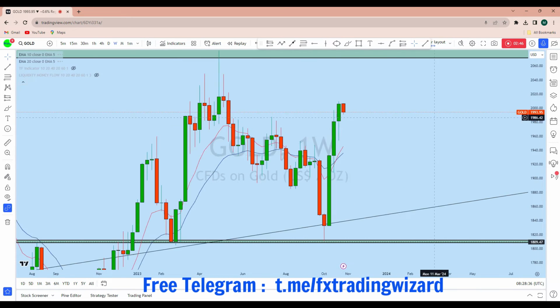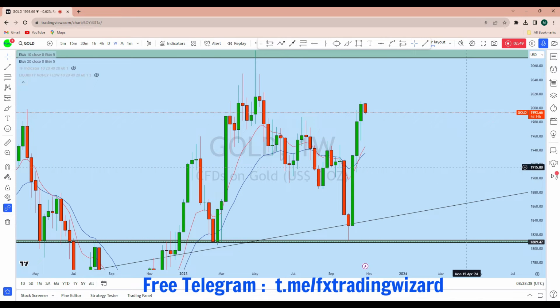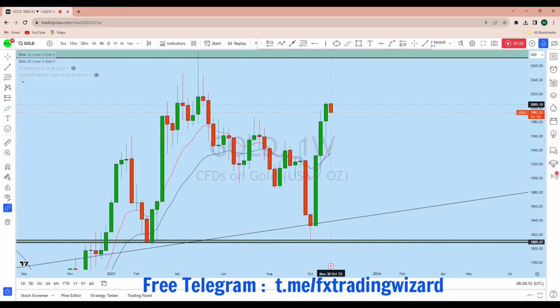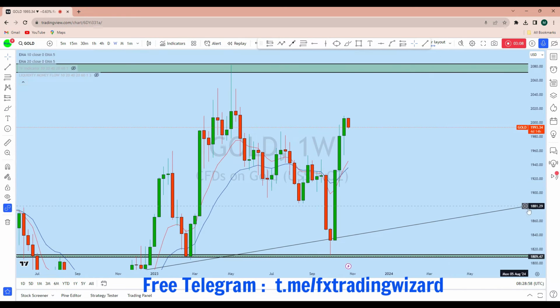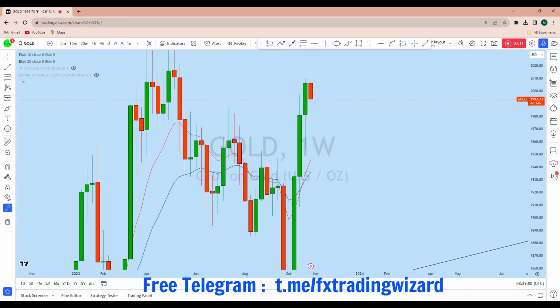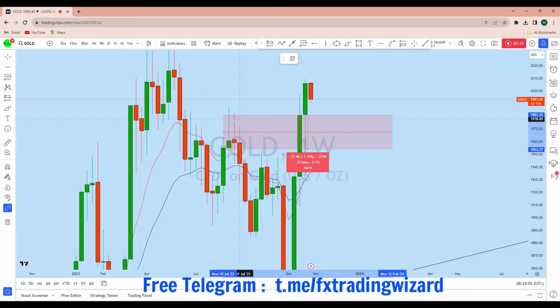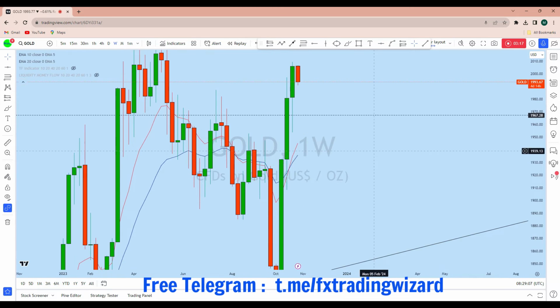Now looking at the weekly time frame to see how the market is doing, we can see that from the weekly perspective there is a huge bullish engulfer followed by a middleman followed by another bullish candle. Last week we saw gold form a candle with a long wick at the bottom. So what we could see now is the price coming back down to this level, testing around 50% of this weekly long wick candle before moving to the upside.